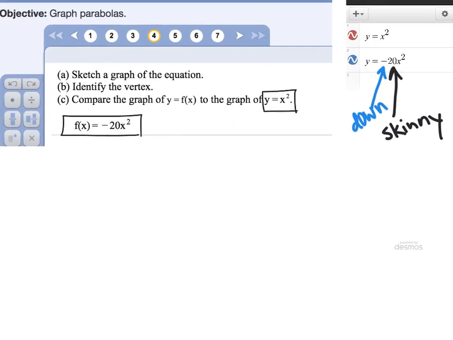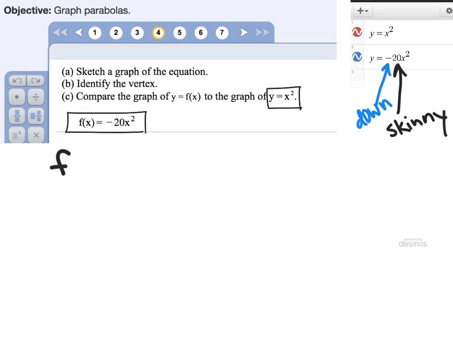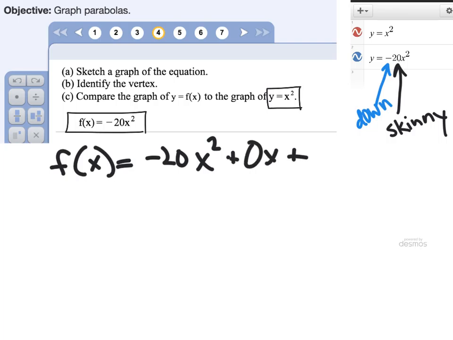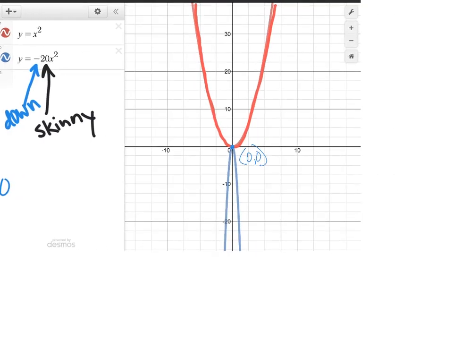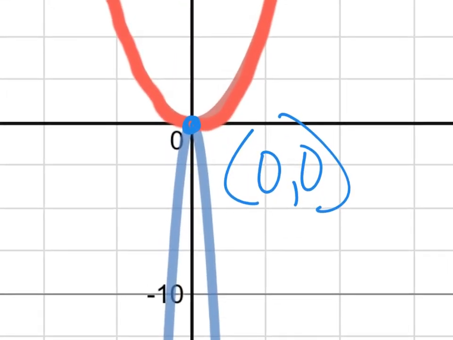Although, if we wanted to, we could say that our equation is negative 20x squared plus 0x plus 0, and that tells us that A is negative 20, B is 0, and C is 0, and our equation would be x is negative b over 2a. But we don't need to do that because it's really obvious and we can clearly see that the vertex is 0, 0.